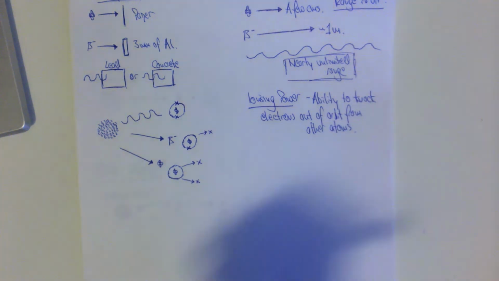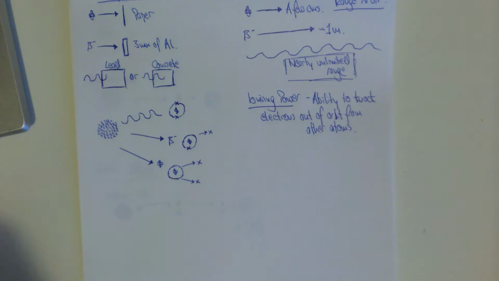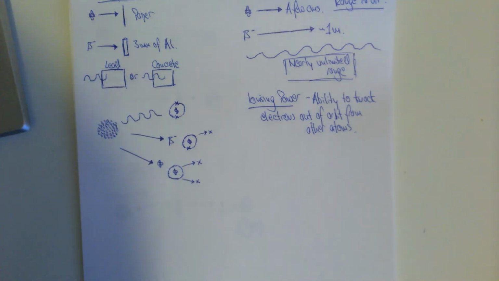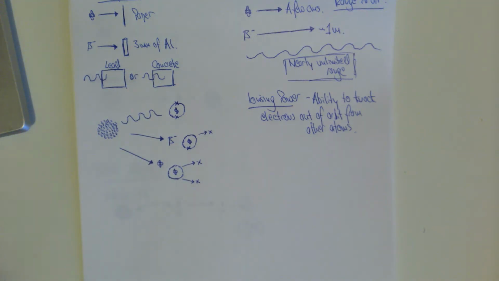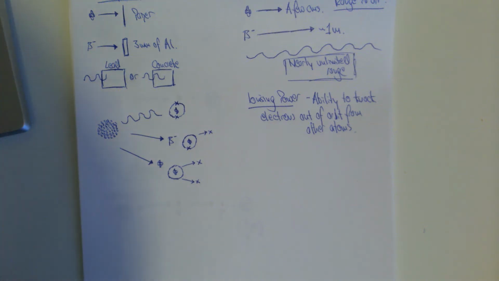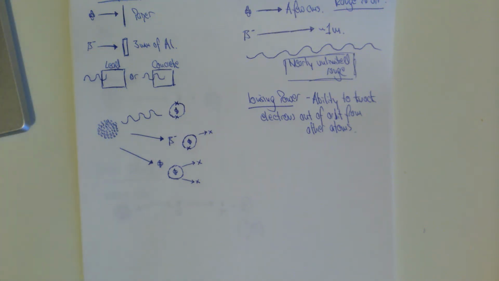So if you have a radioactive particle that is nearby a selection of atoms, because that radioactive particle is giving out radiation, that radiation can actually collide with electrons in the atoms of other substances nearby and knock those electrons out of orbit, thus creating ions. That's why it's called an ionizing power.